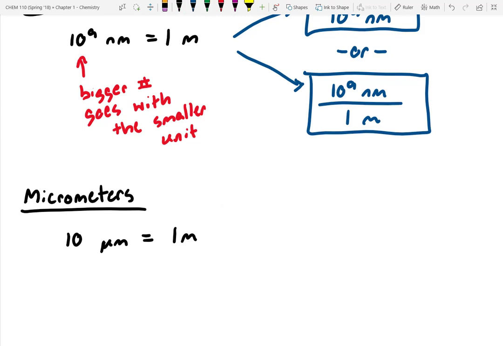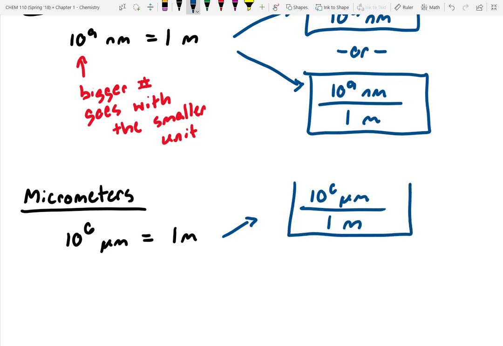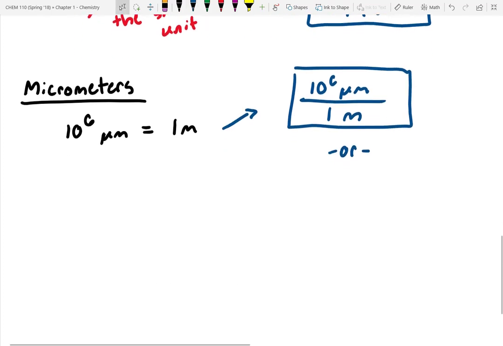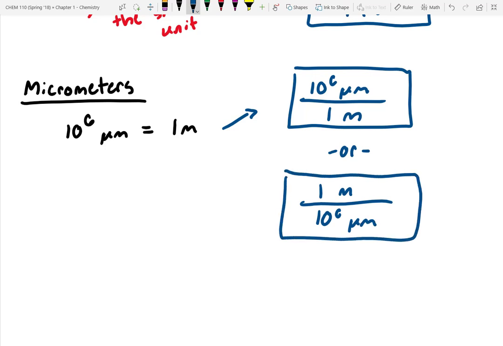We know it shouldn't be -6 because it's the smaller unit. And so again, just like before, we can say 10 to the 6 micrometers over 1 meter. Or alternatively, you can say 1 meter over 10 to the 6 micrometers. Either one is acceptable. Does that make sense so far?